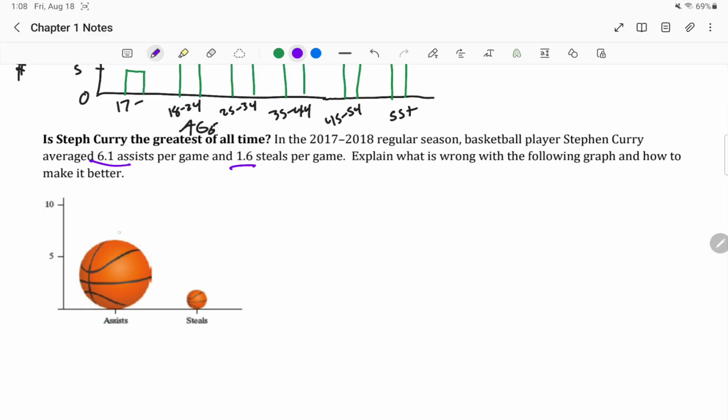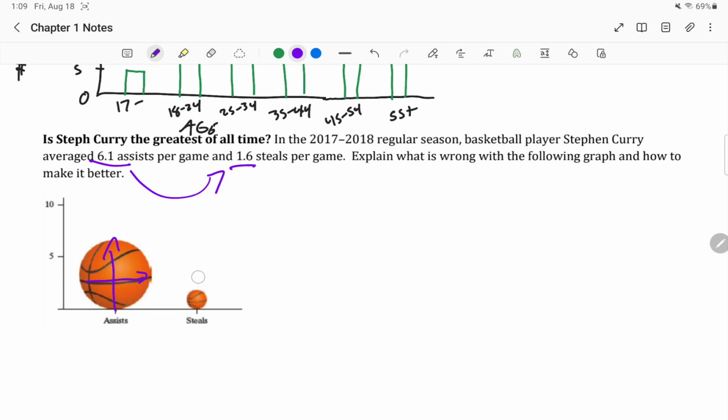Volume or area, I guess I've been saying volume. It probably should be area. Volume is 3 dimensions. But not only is this taller this way, which it should be, it's also wider this way. So the area is a lot bigger proportionally than the actual assists to steals ratio, right?